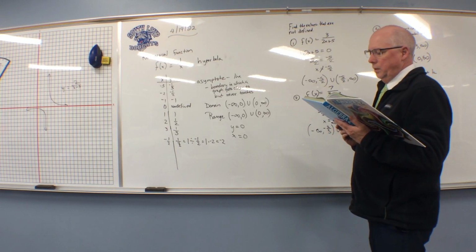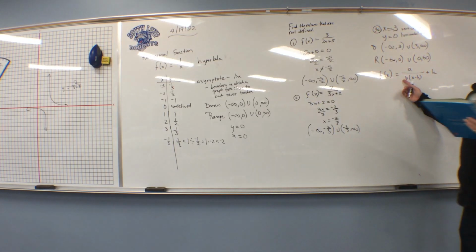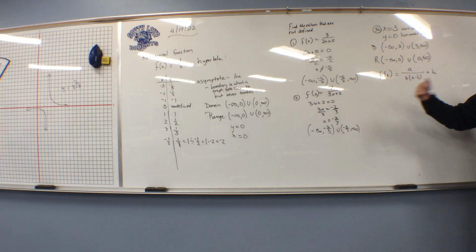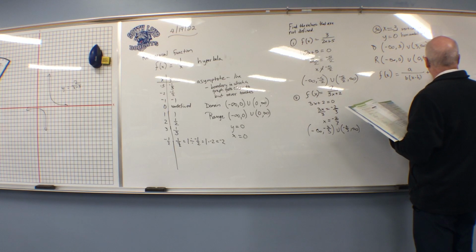b makes it fatter or skinny, okay? We're not going to use b a lot in this. We will in other graphs, but not in this one, okay? This right here is a vertical translation. Moves it up and down. Right.